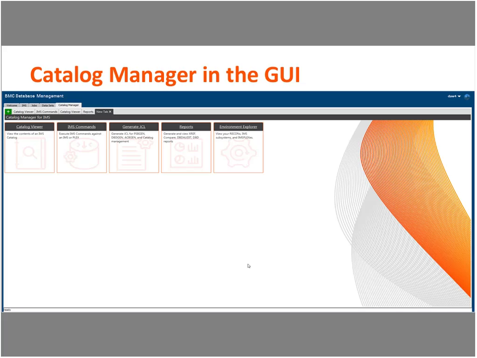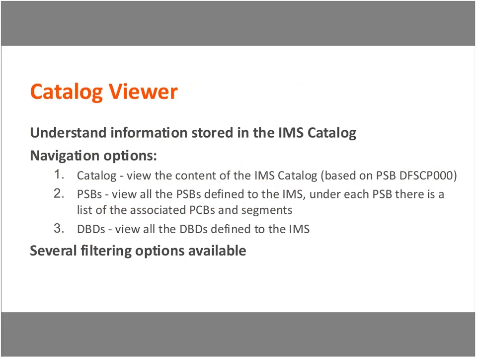It didn't have any knowledge of the IMS catalog or the directory. So we modified that and put that reporting capability in so that you can do really good analysis on the contents of the catalog associated with control blocks that are used in IMS.